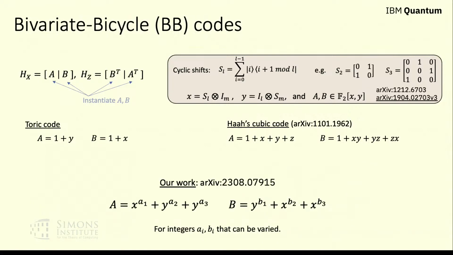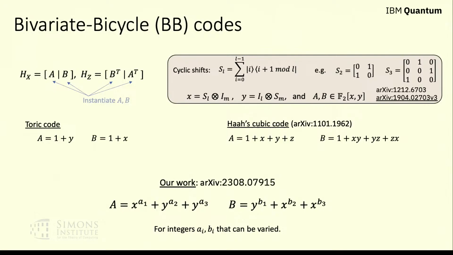Okay, so this is a large space to search over if you just allow A and B to be any polynomial. So we make some ansatz for what polynomials we will actually search over. So in our work, we'll choose A to be this particular combination of monomials, a single x monomial and two y's.